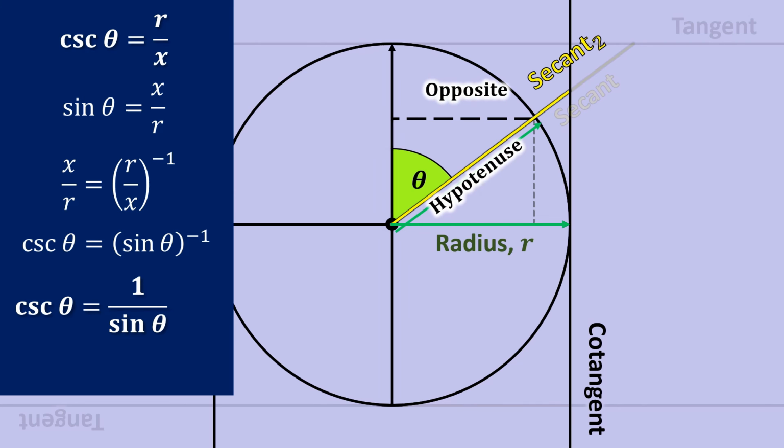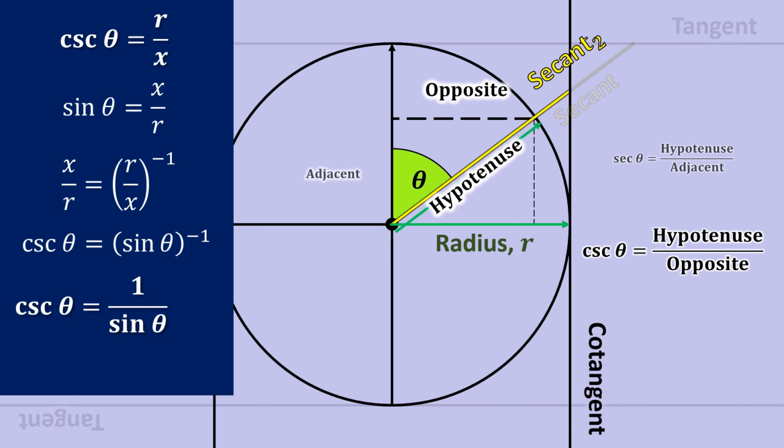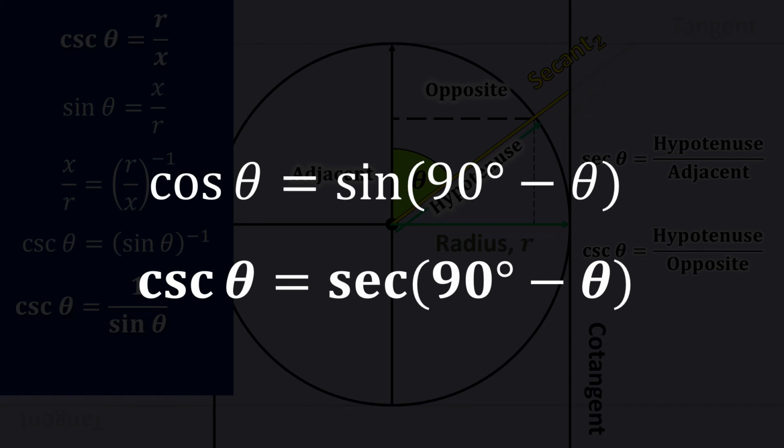In a right-angled triangle, this is the hypotenuse over the opposite side, which is perpendicular to the adjacent side. Just like in the case of sine and cosine, the cosecant of an angle is equal to the secant of the complementary angle.